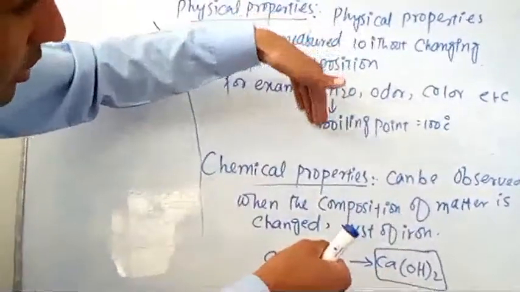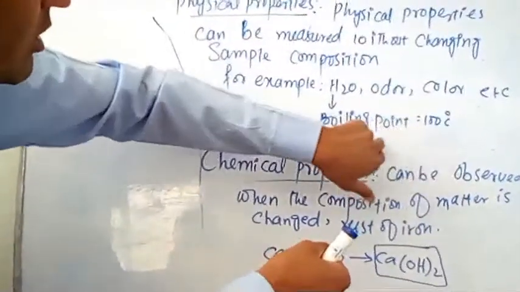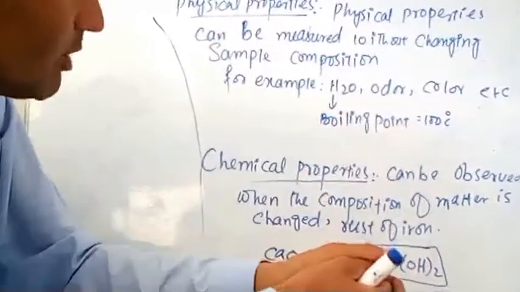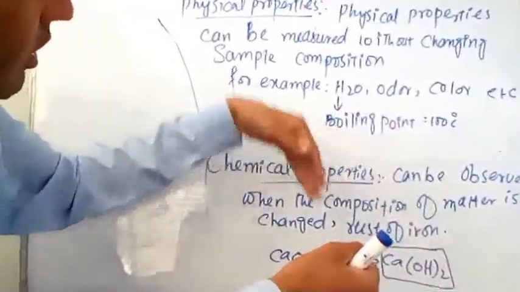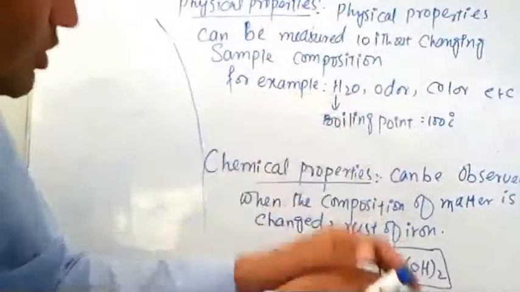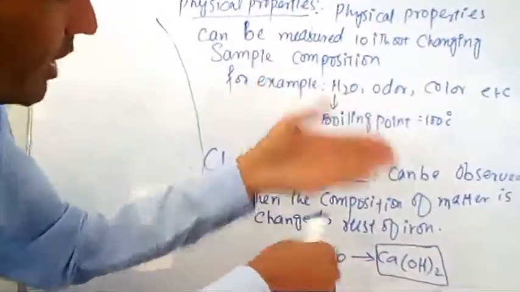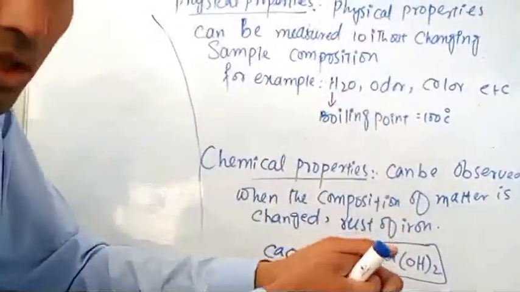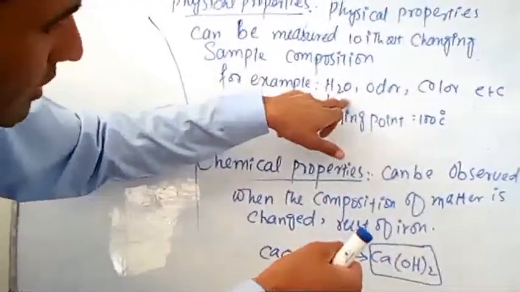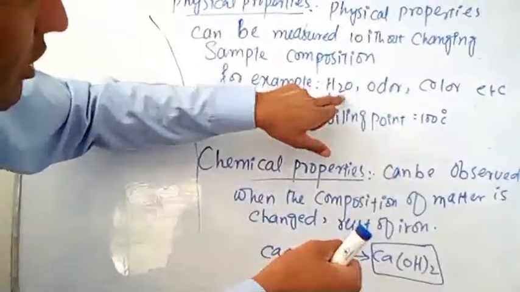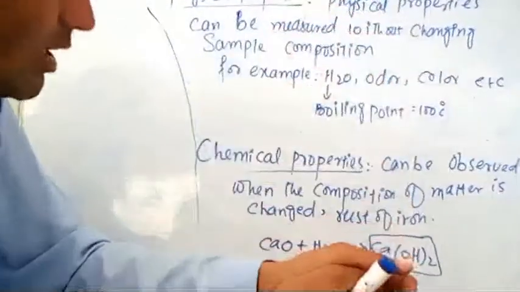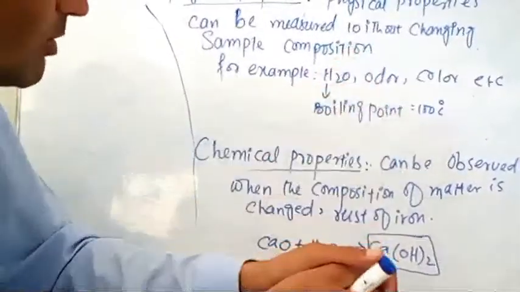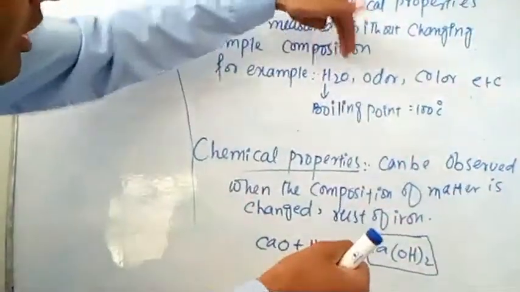Similarly, the boiling point of water is a physical property, because it can be measured without changing the water composition. If you want to find the boiling point of water, we heat H2O. When we heat the H2O, the water changes from one form to another, from liquid water to gaseous form.